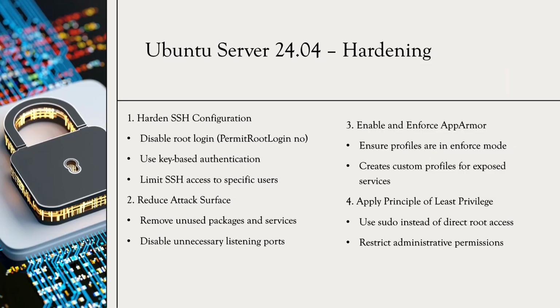Ubuntu Server 24.04 hardening. Hardening Ubuntu Server is more manual compared to Windows. SSH security is especially important since it is the primary method of remote management. Root login is disabled, key-based authentication is preferred, and access is limited to specific users.